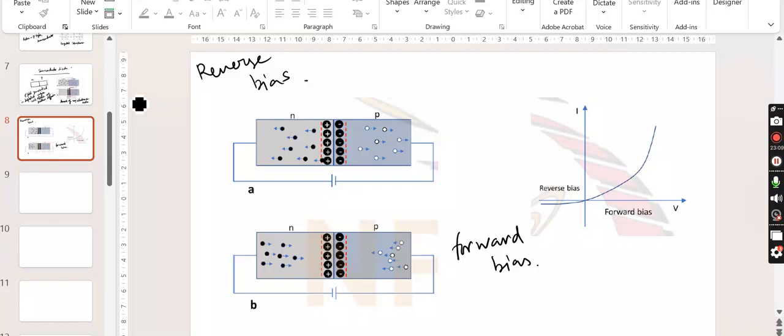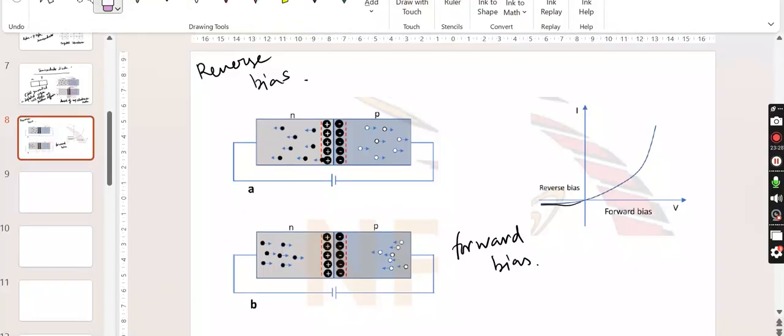And all the holes also go towards the battery, because it is connected to the negative terminal. So there will be a momentary flow of current as the free electrons from the N region and the free holes from the P region flow away into the battery. That's why we will get a tiny bit of current there.